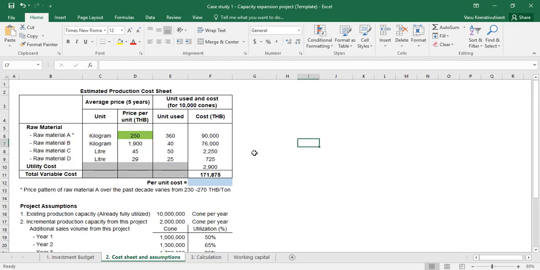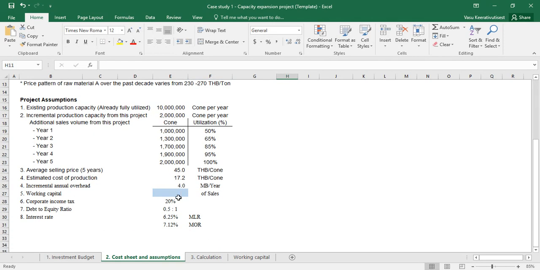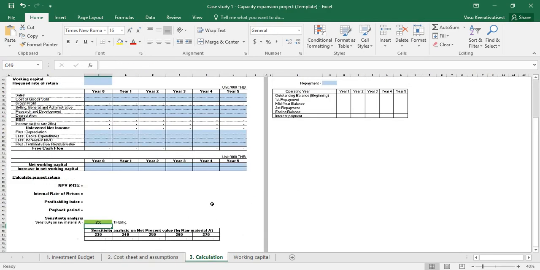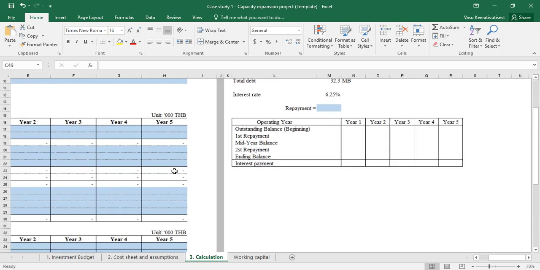You can see that to produce 10,000 ice cream cones, this is your cost. If you want to calculate the per unit cost, you use this one divided by 10,000. So this is your per unit cost. And here is your working capital by percent of sales, so you just link to this one.